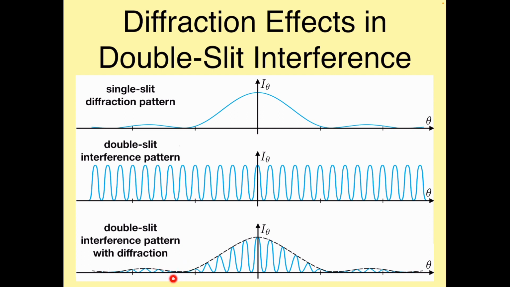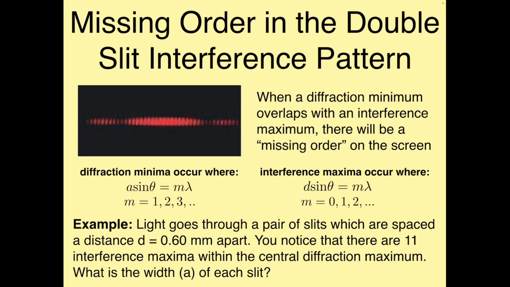You'd expect to see a bright spot here normally, but it's actually missing from the interference pattern. So that's what we call a missing order in the double-slit interference pattern. It happens when a diffraction minimum overlaps with an interference maximum. That's going to result in a missing bright spot in your interference pattern.